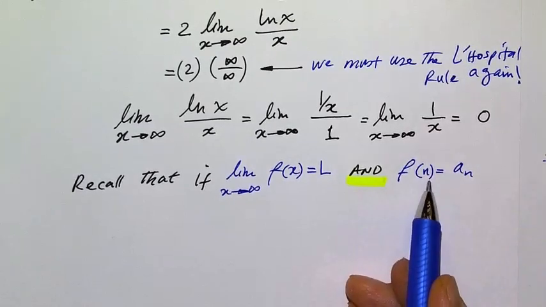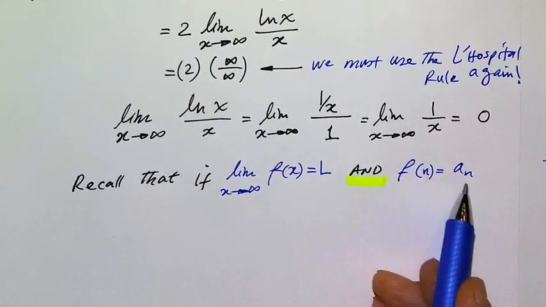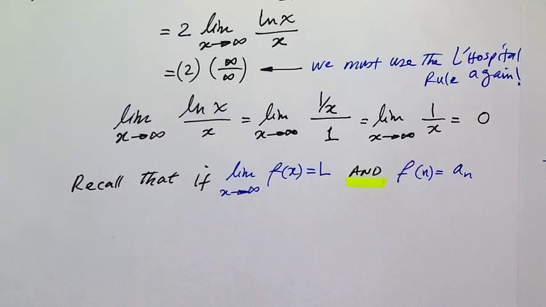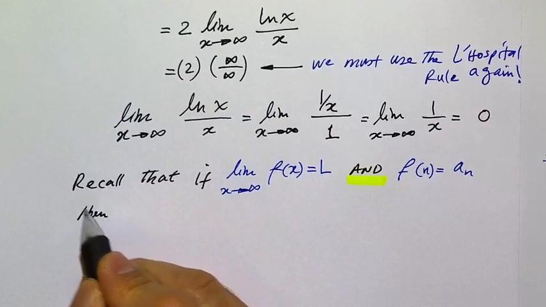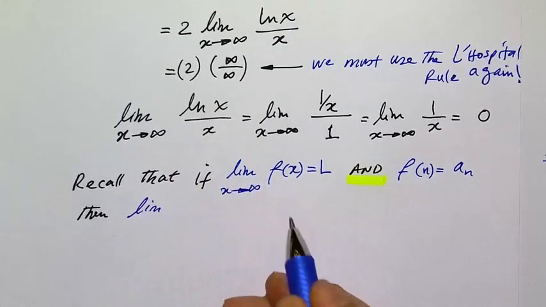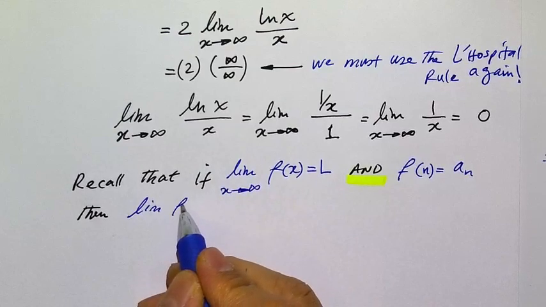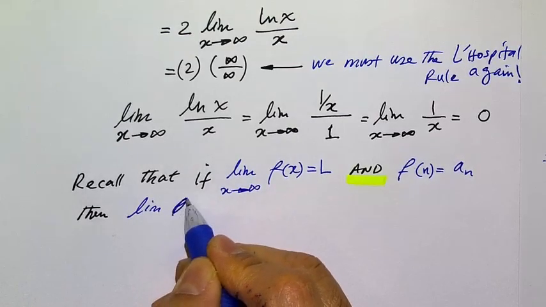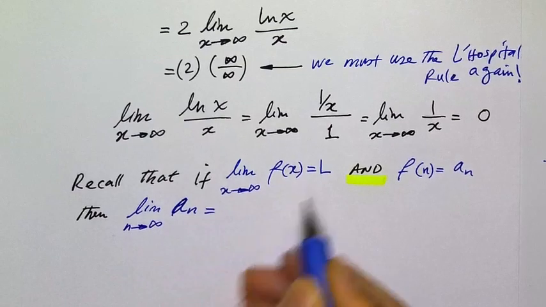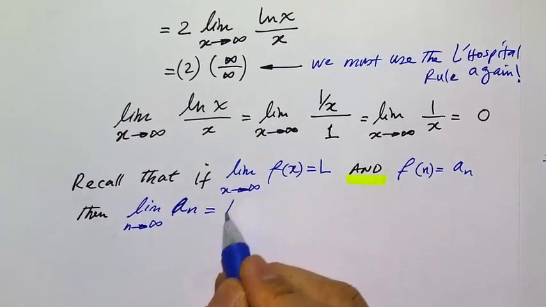So the function at n is equal to the sequence. Then the limit of the sequence, I should say, not the function, but the sequence as n goes to infinity equals the same thing, L.